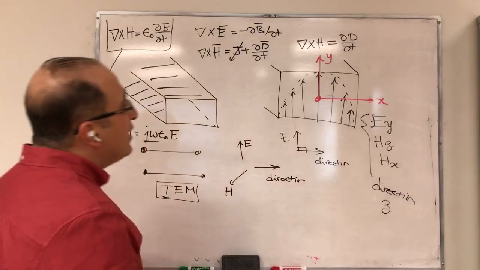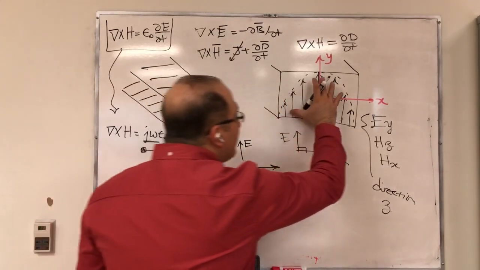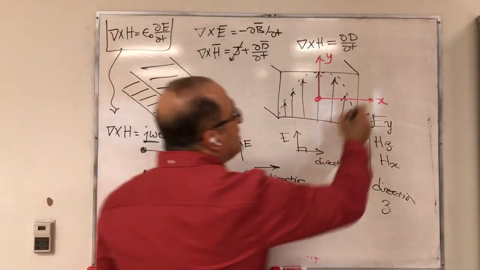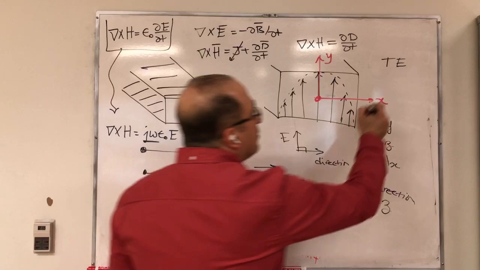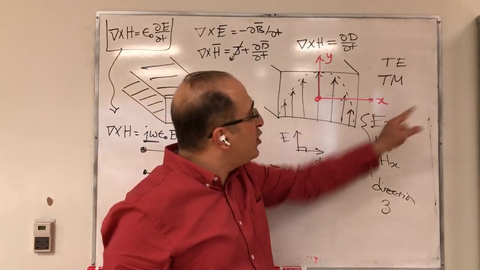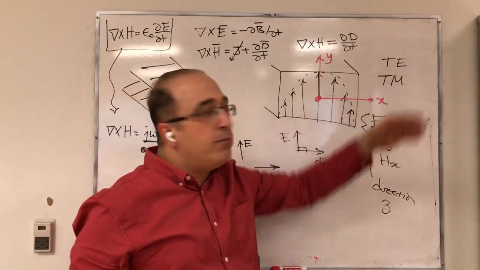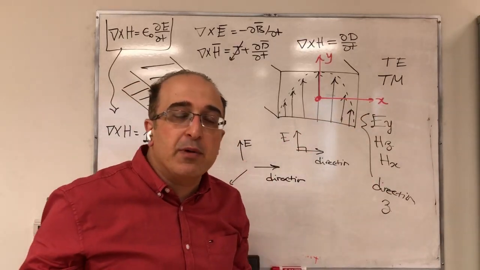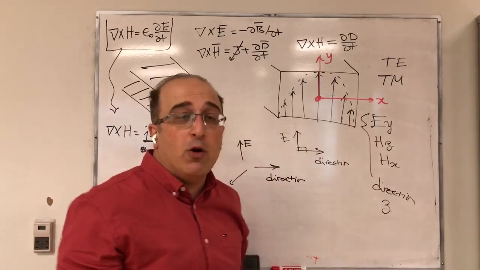So that's why the modes, and that means field distribution, the modes that this waveguide support is either TE or TM. So TE means electric component is perpendicular like that, and TM means magnetic field is perpendicular to the direction of propagation. Therefore, E will have a Z component.